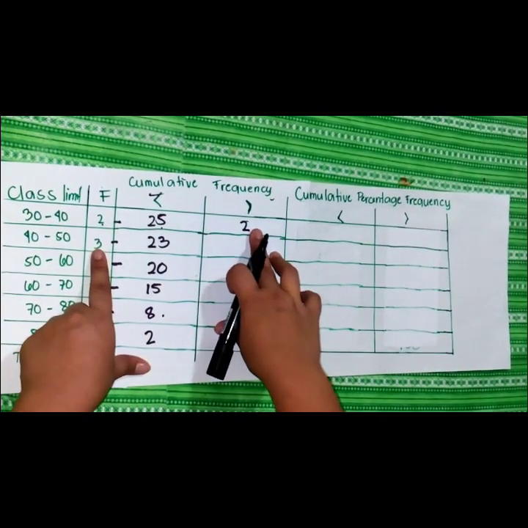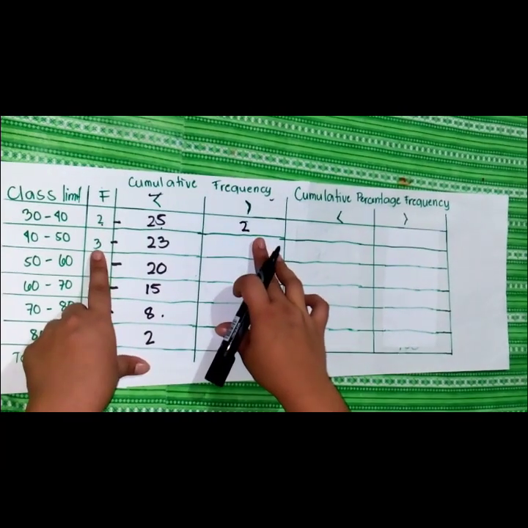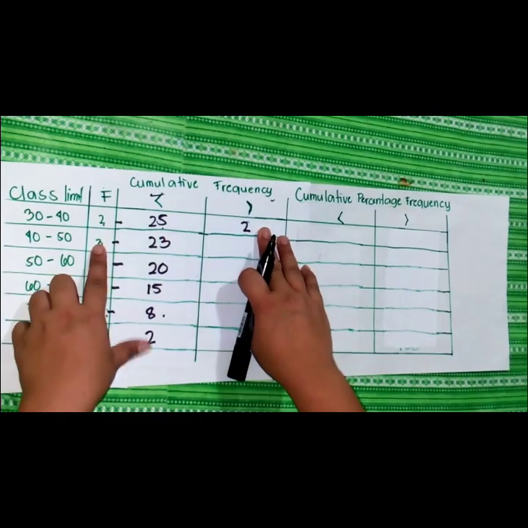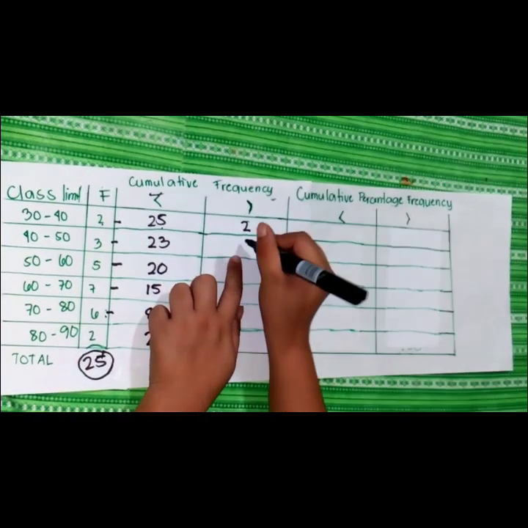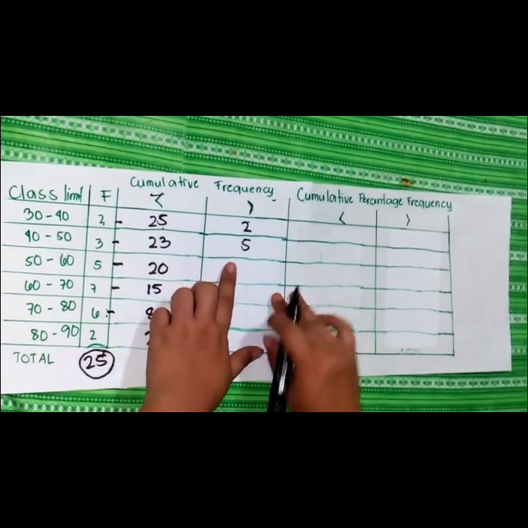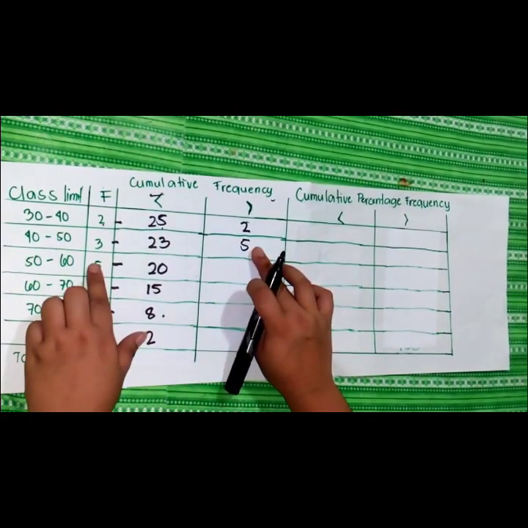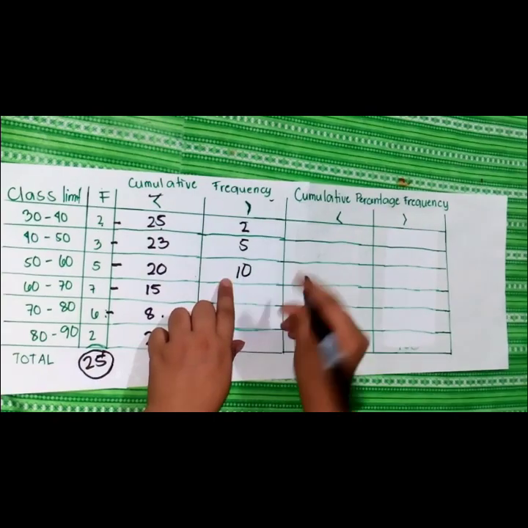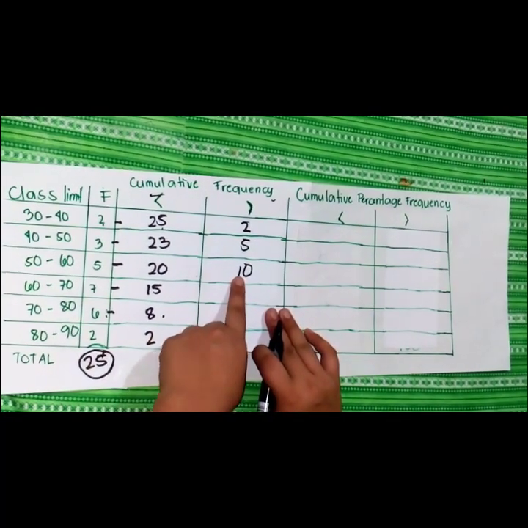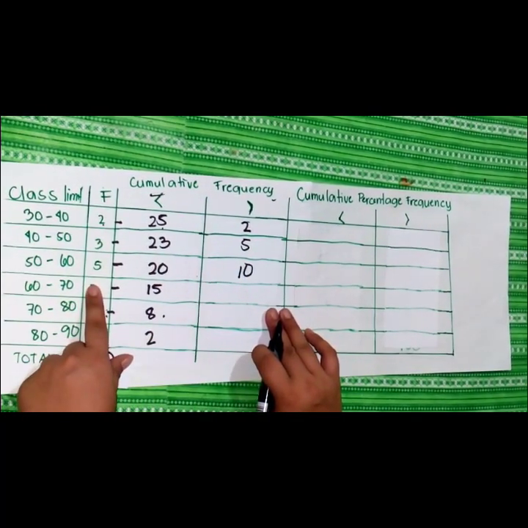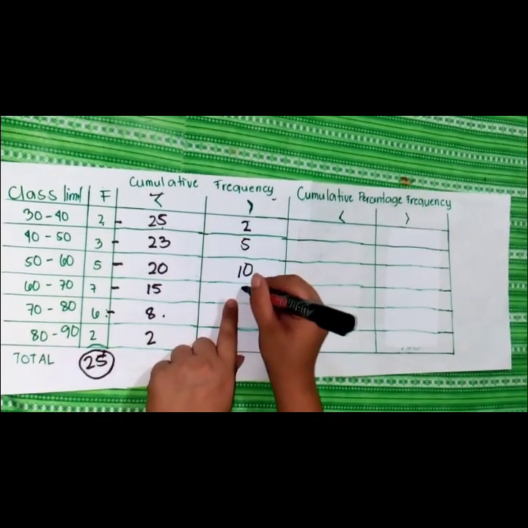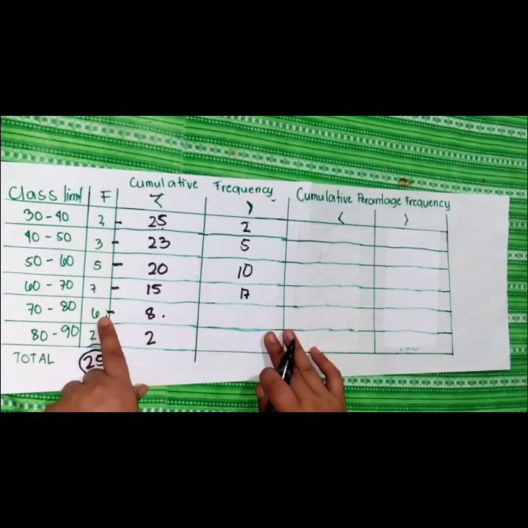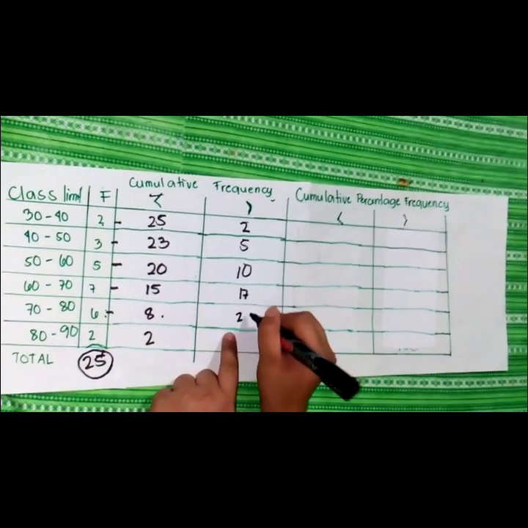So now we will compute. 2 plus 3 is equals to 5. 5 plus 5 is equals to 10. 10 plus 7 is equals to 17. 17 plus 6 is equals to 23.